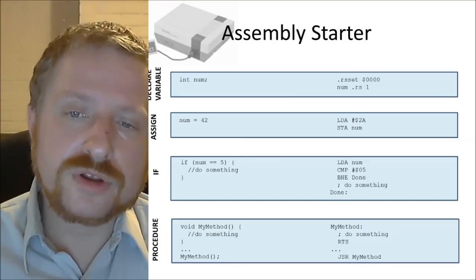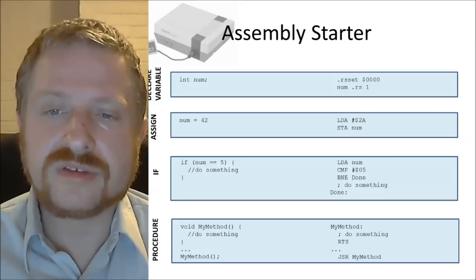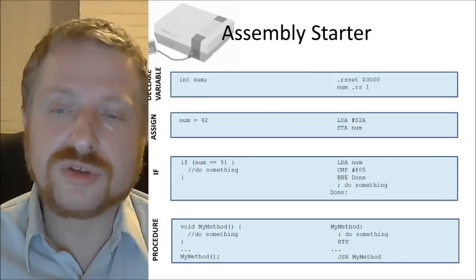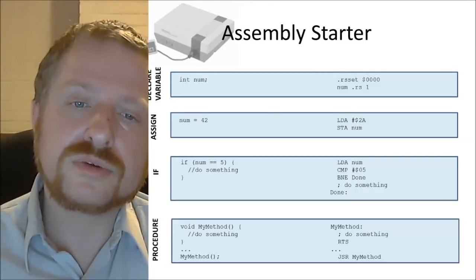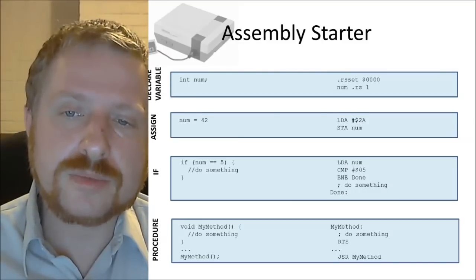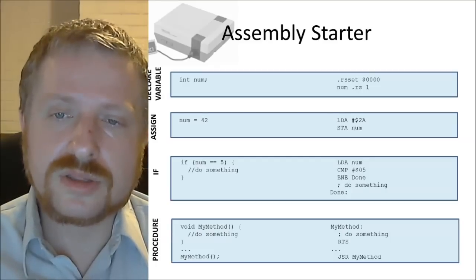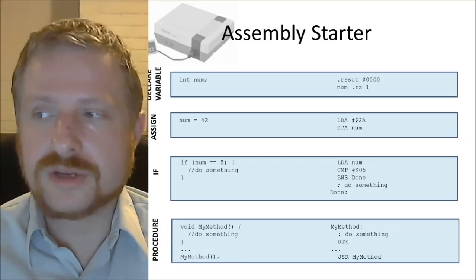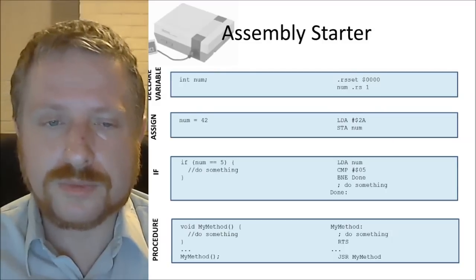So 42 would be 2A, because 2 is 16 times 2, which is 32, and A is 10, so you add 10 to your 32, which gives you 42. And all static numbers are preceded by a pound sign in addition to the dollar sign. Then you take that value in your accumulator and store it into your variable.